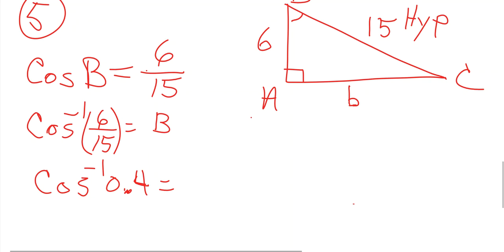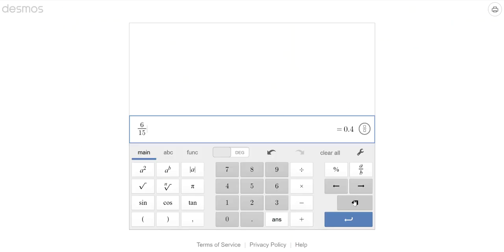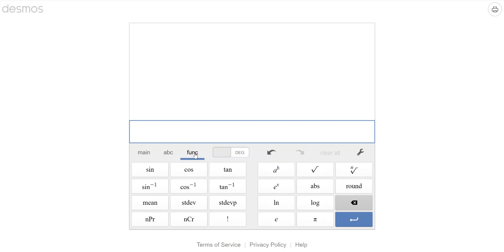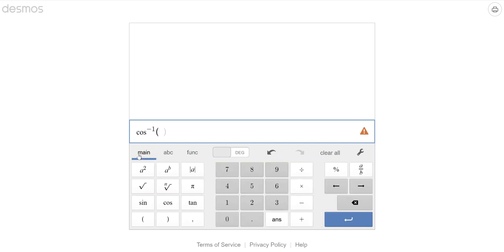Okay, inverse cosine of 0.4 is going to be equal to our angle. So back again to our calculator, and we'll clear it, and let's do this now. It's very simple. You just take your function, okay? You do inverse cosine, and you put a 0.4 in there. You could do this, by the way, on a handheld calculator. You don't need the Desmos Scientific here, but I'm trying to show you, so that's why I'm doing it this way.